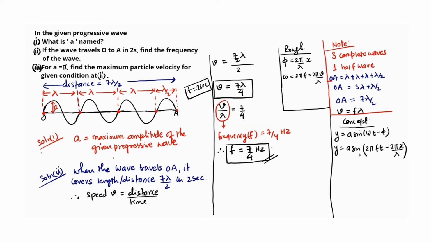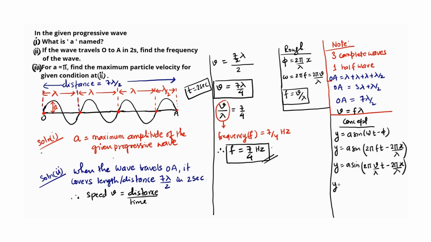So if we rewrite this equation, changing frequency in terms of speed and wavelength, twice pi f is twice pi v by lambda, so we have t minus twice pi x by lambda.